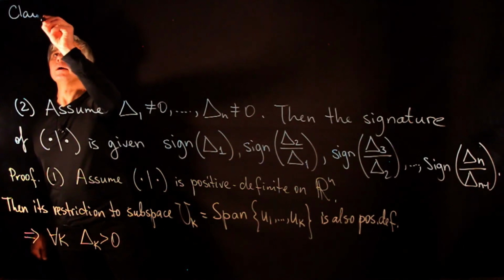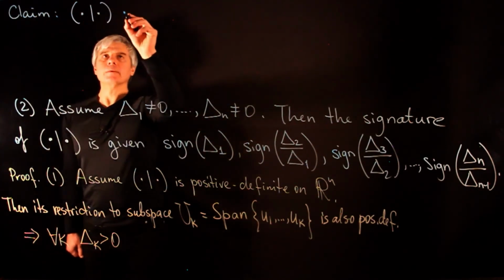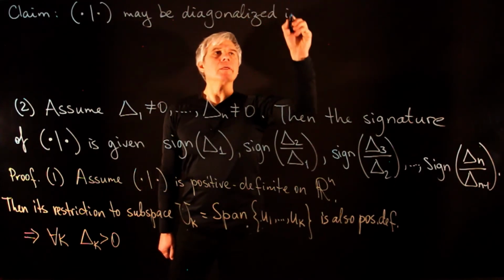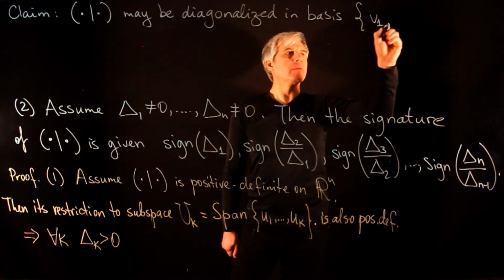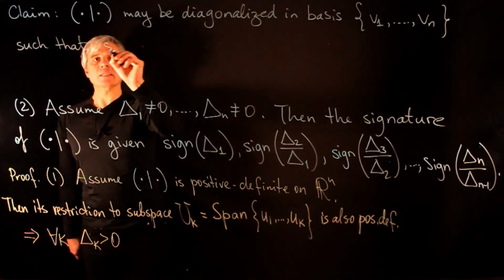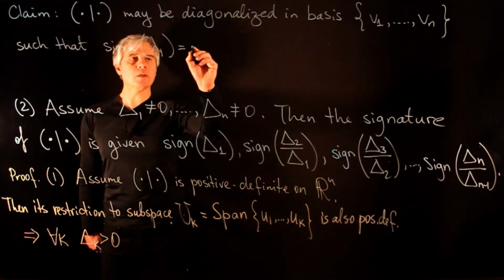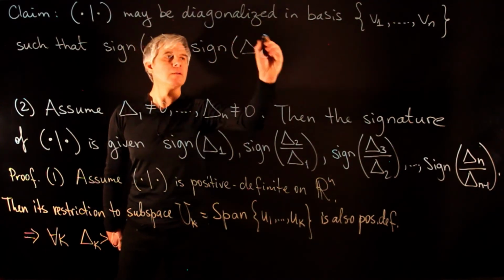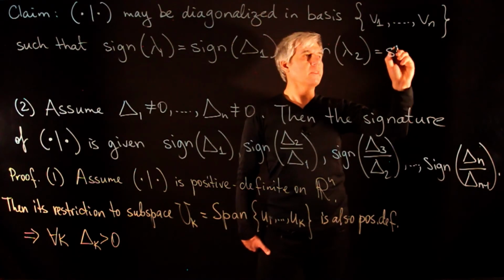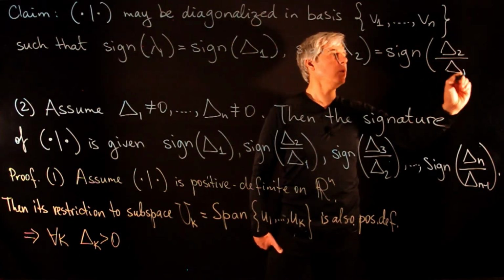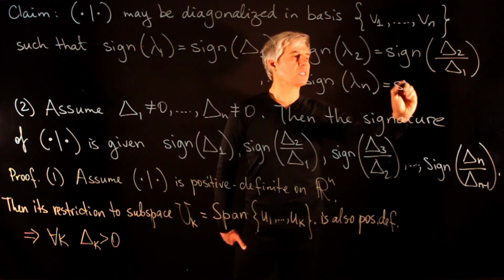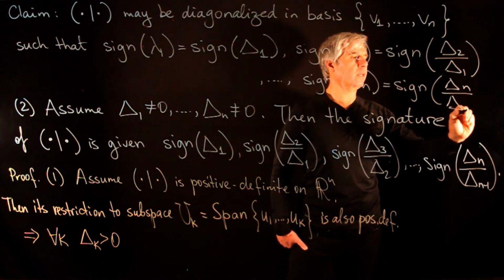We claim that this bilinear form may be diagonalized in bases v1, vn such that the sign of the first eigenvalue is equal to the sign of delta 1, the sign of the second eigenvalue is equal to the sign of delta 2 over delta 1, and so on, and the sign of the last eigenvalue is equal to the sign of delta n over delta n minus 1.